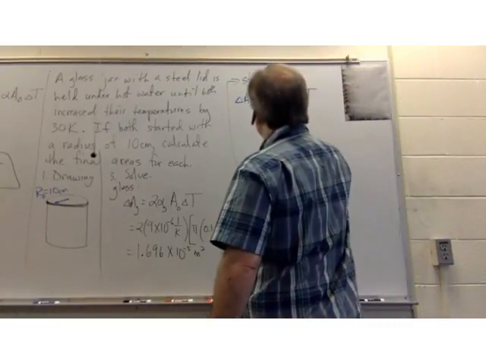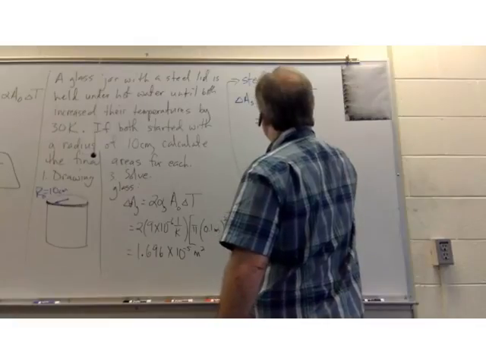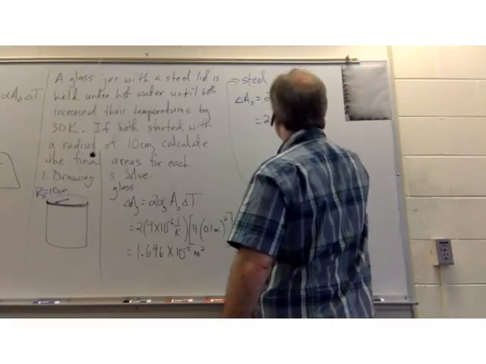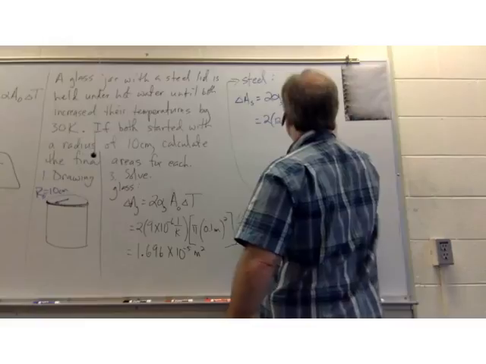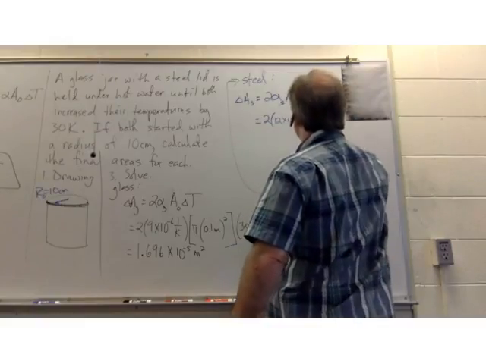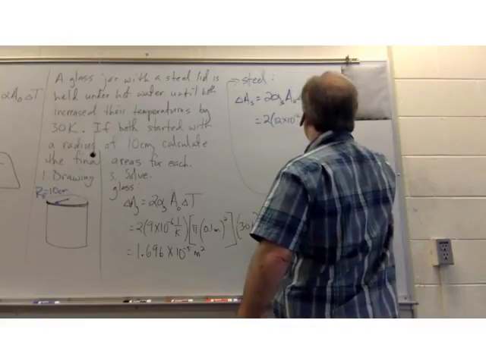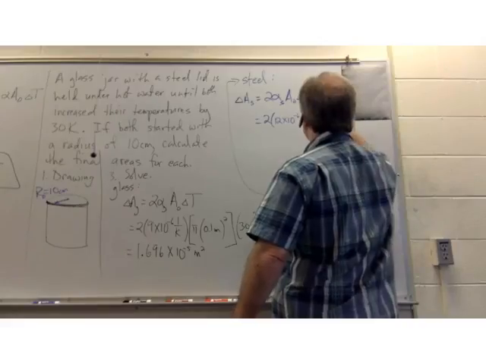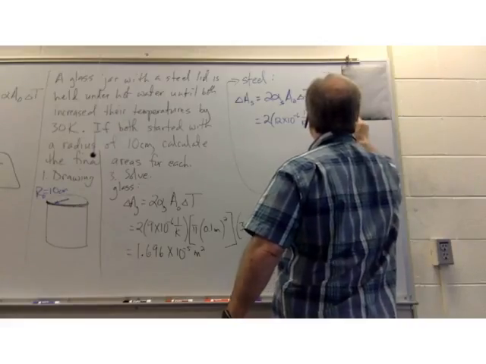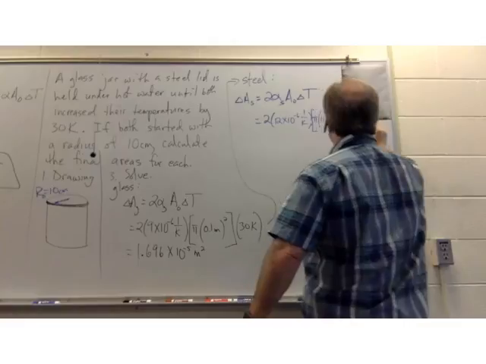So that turns out to be 12 times 10 to the minus 6 inverse Kelvin times pi, again, R naught squared, 0.1 meters squared, times 30 Kelvin.